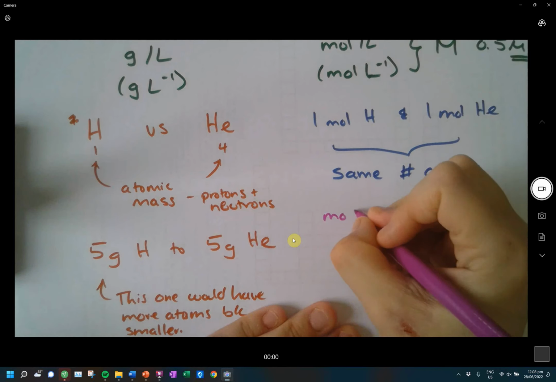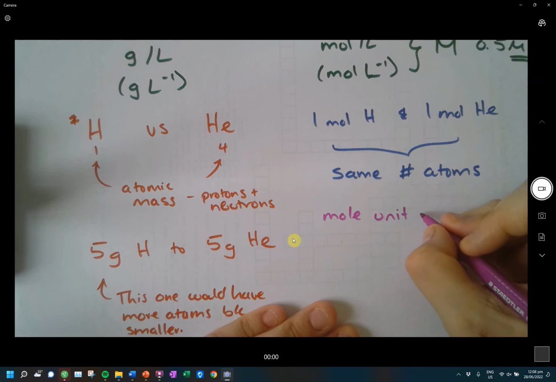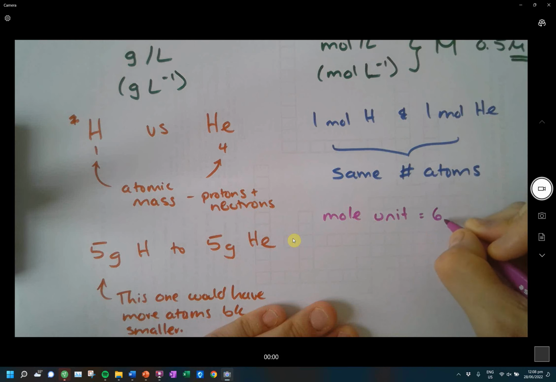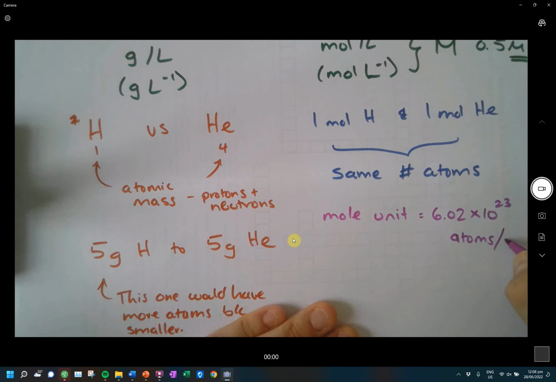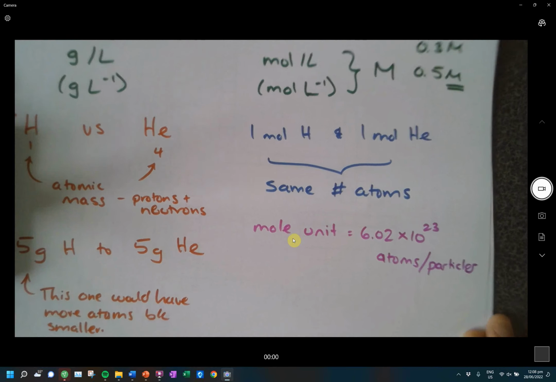So the mole unit is equal to 6.02 times 10 to the 23 particles or atoms, or molecules, whichever you want to refer to. So it's a really, really big number.